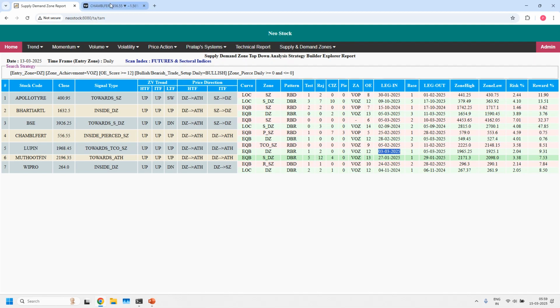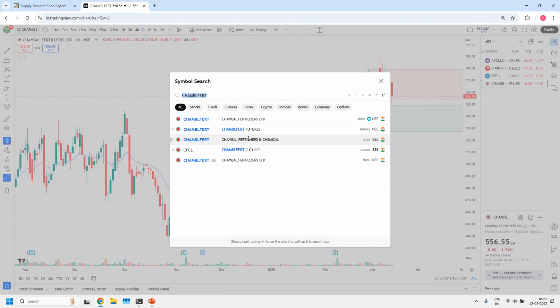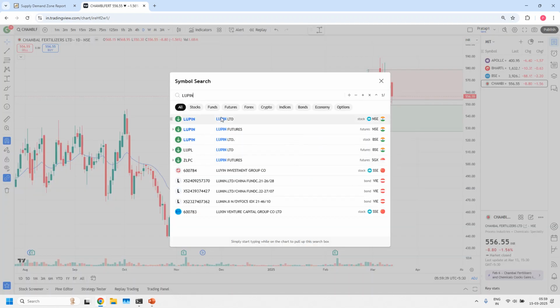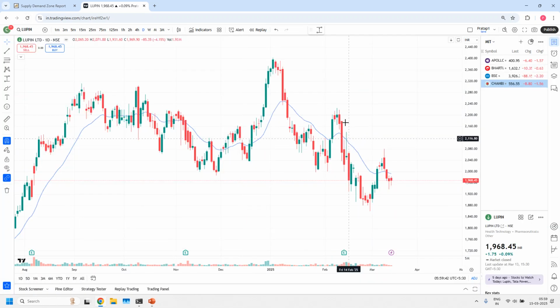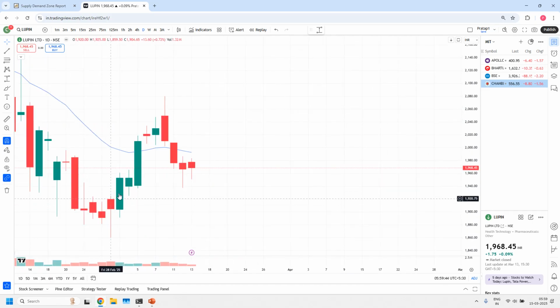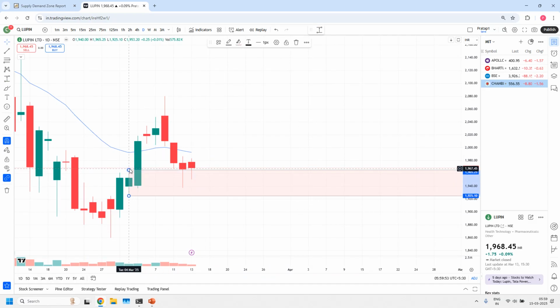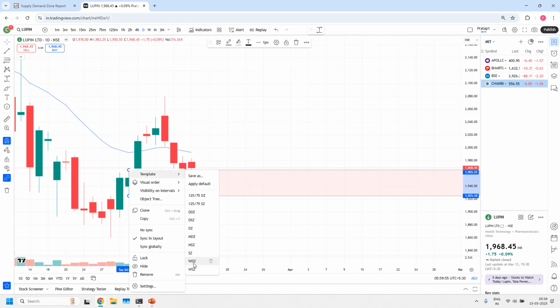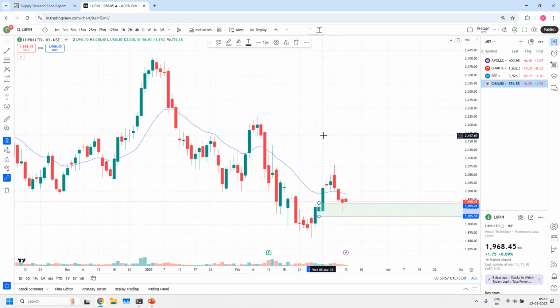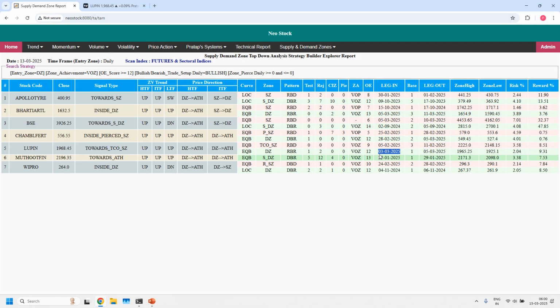3/3/2025, one base candle. This is the one, rally base rally. Daily demand zone. And where is the supply zone? 5/2/2025.